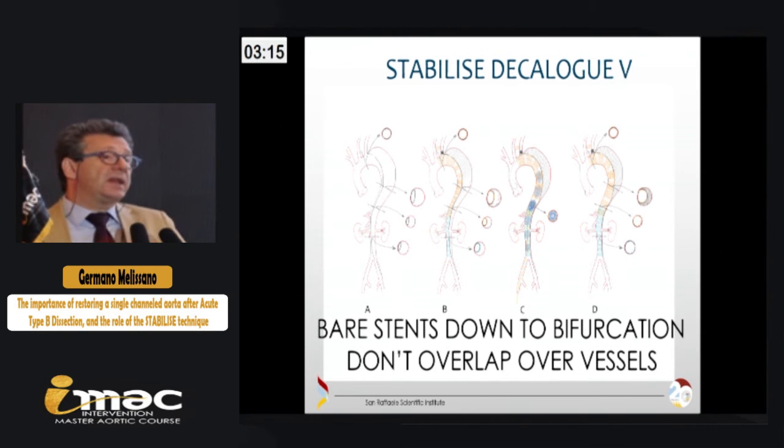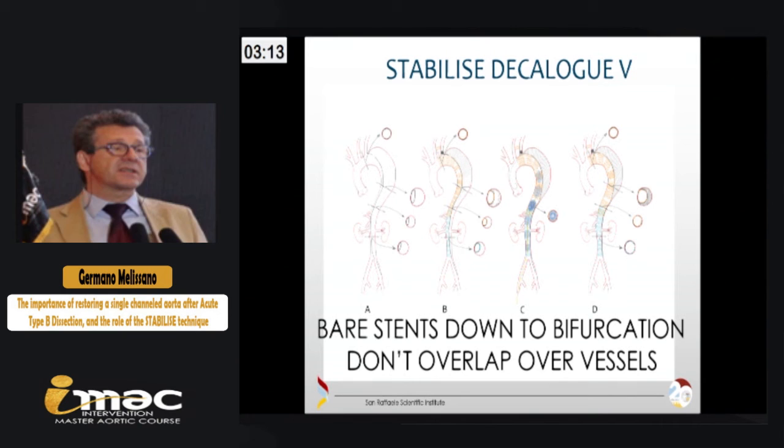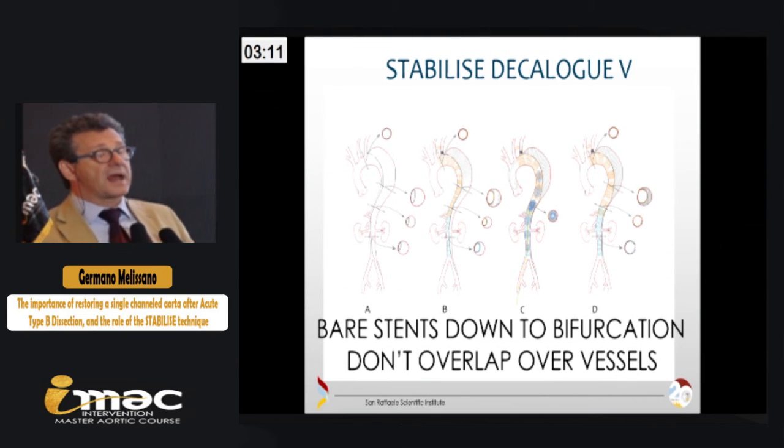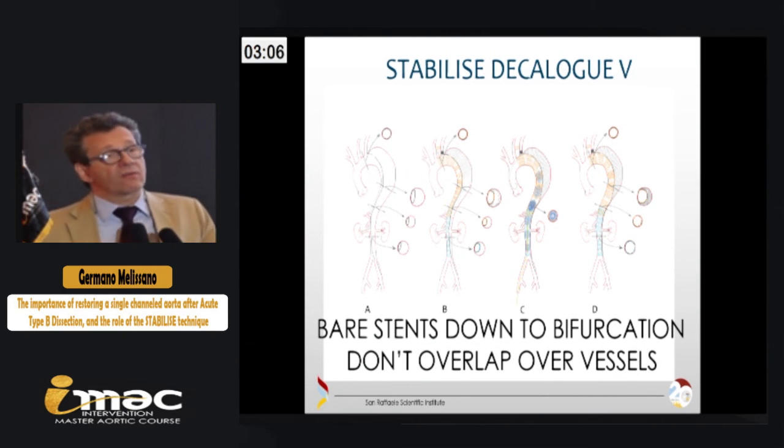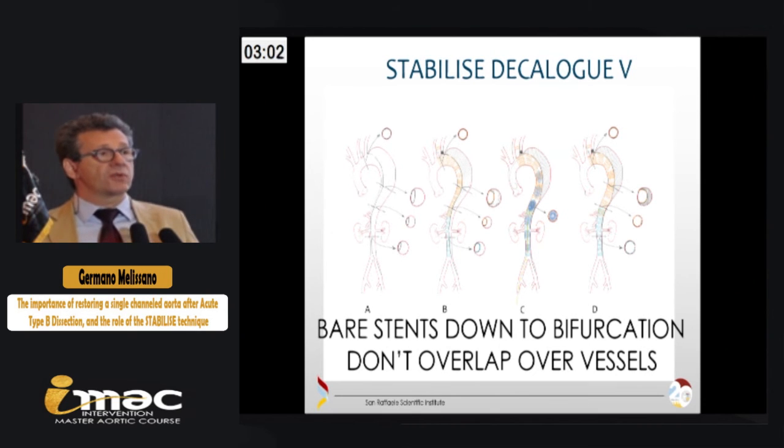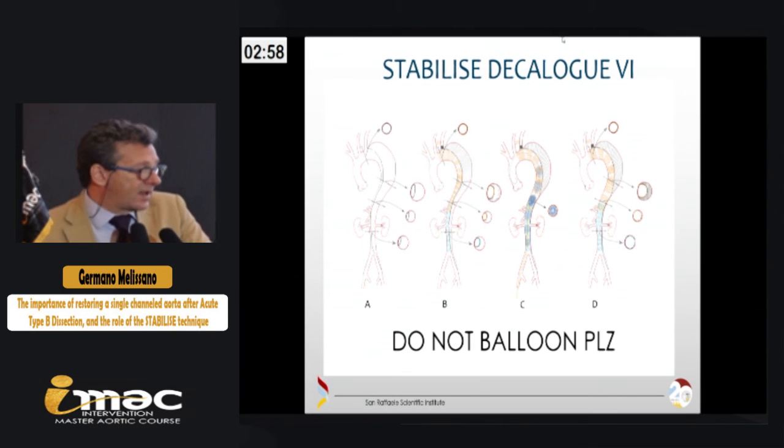And then if we need two sets of bare stents, we don't want them to overlap in front of the splanchnic, renal and visceral vessels. So we are going to plan the procedure so there is only one layer of bare stents in front of the splanchnic vessels.